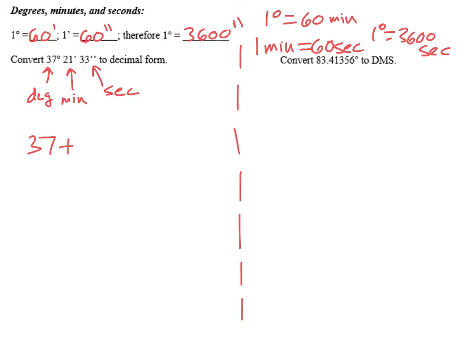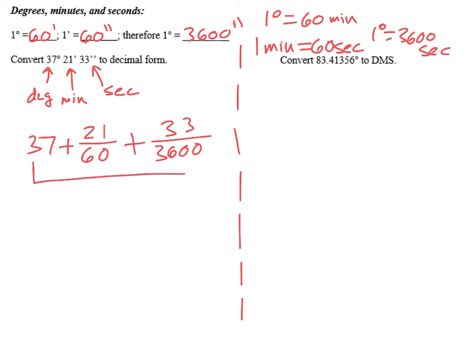Once you find your minutes, remember, there are 60 minutes in 1 degree, so we do 21 over 60 plus 33 over 3600. And there's your seconds. Those numbers on the bottom would never change. It's always over 60 and always over 3600 for minutes and seconds. From here, this whole thing, you would just type into your calculator.